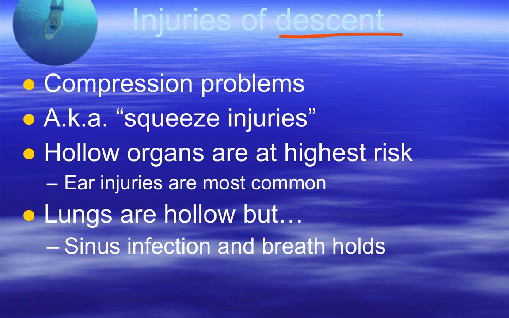So our body is having to equalize for the surrounding pressure that is now squeezing on our body. So these are squeeze injuries. Our hollow organs are going to be at the highest risk. So our lungs, our sinuses, our heart, and our ears are going to have the highest risk, but ears are going to have the most common injury.